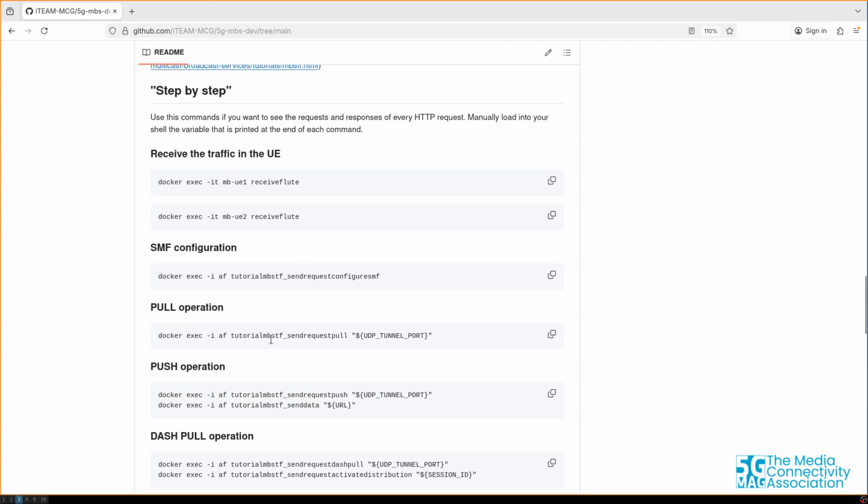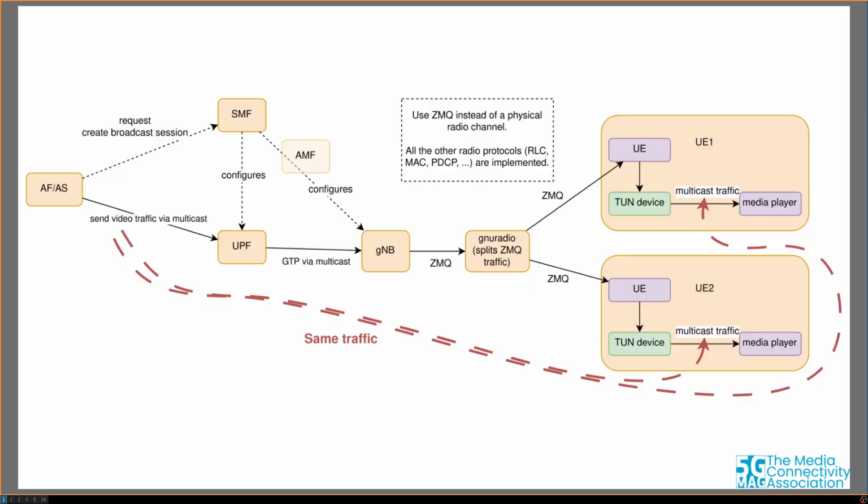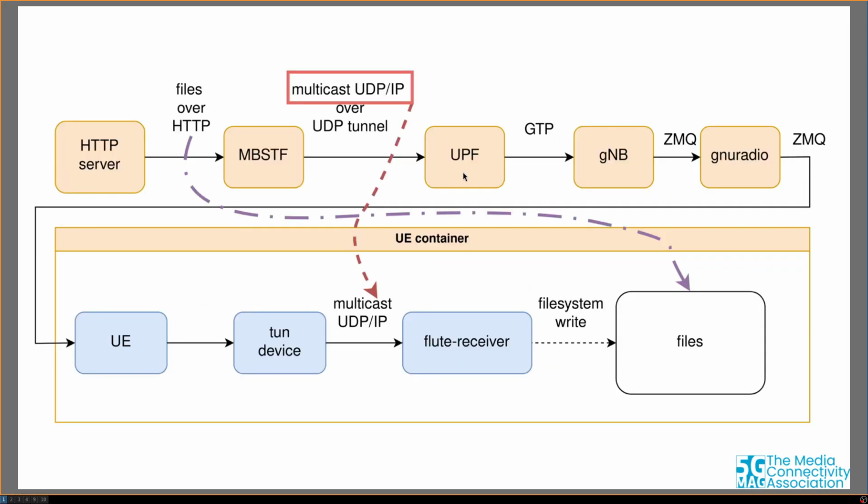Okay. The first thing we're going to try is the pull operation. In this mode, we will ask the MBSTF to request data from an HTTP server. We will request it to get some files from an HTTP server, and then it will forward it to the 5G core, and it will end up being received in the UIs via broadcast.